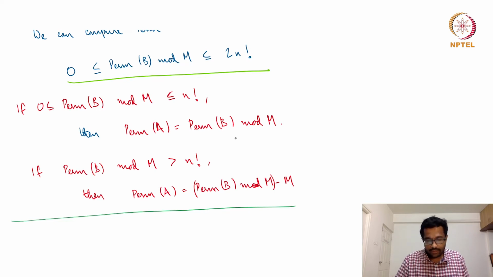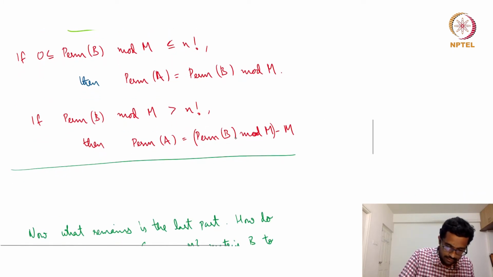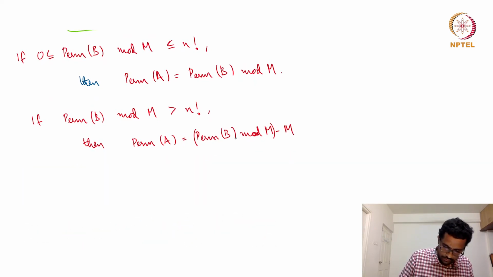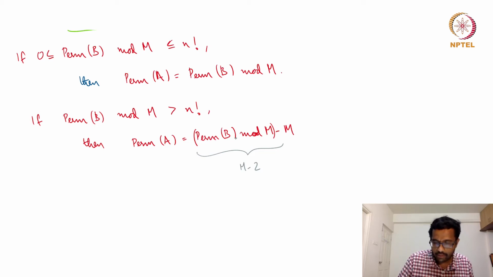For instance, suppose the permanent of B mod m was m minus 2, then this means that the permanent of A is minus 2, right?